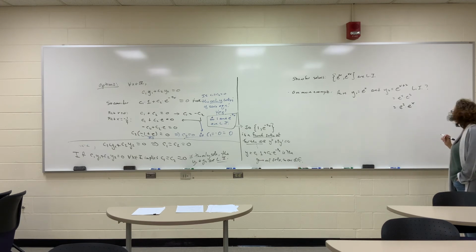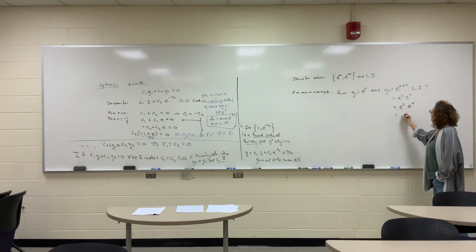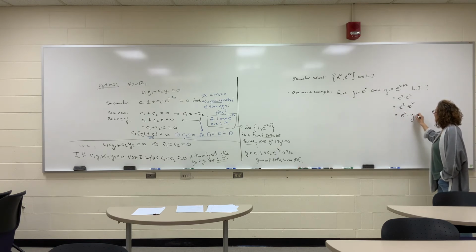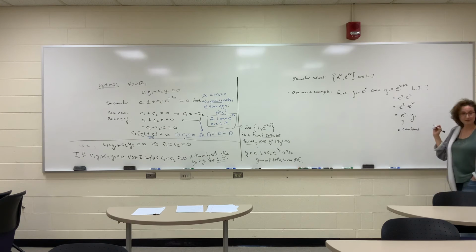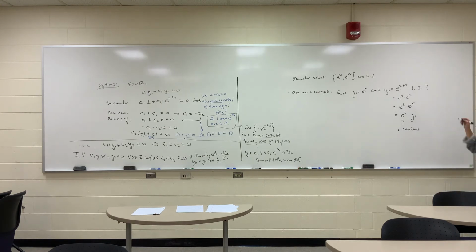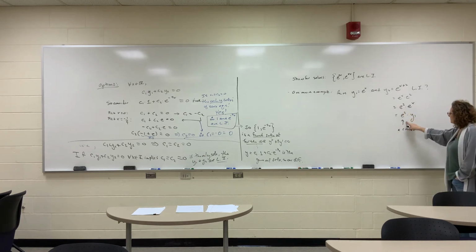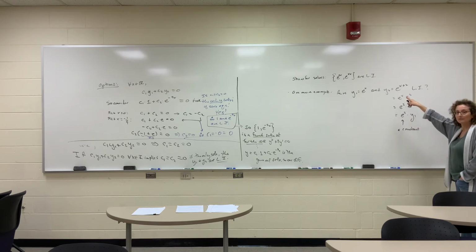So what is y2? y2 is e squared times y1. And what is e squared? A constant, because e is a constant. Therefore, y2 is a constant multiple of y1. Therefore, are these guys linearly independent? No.